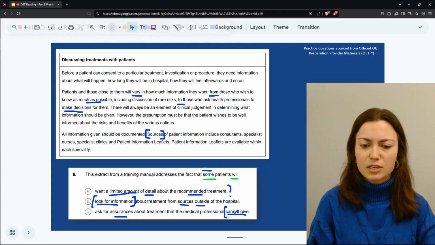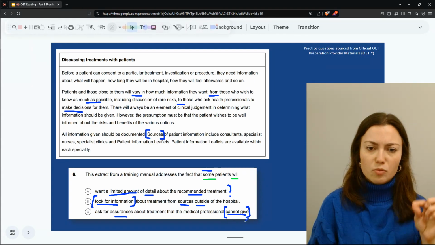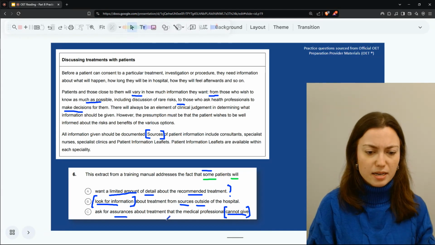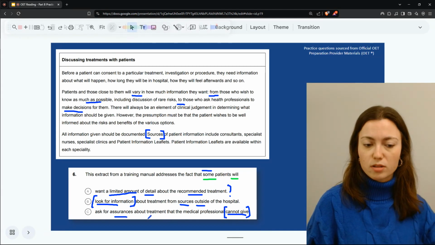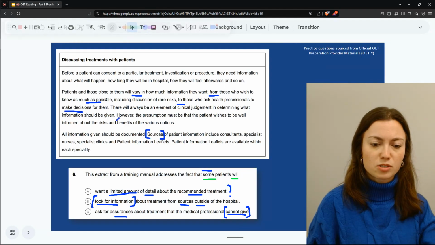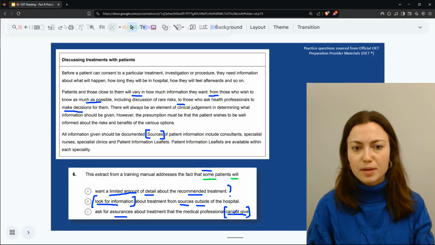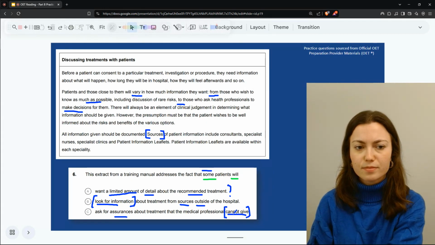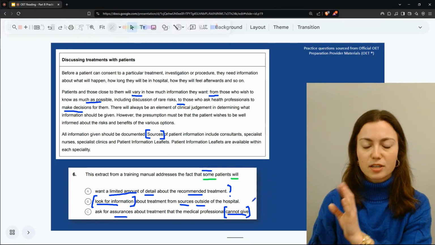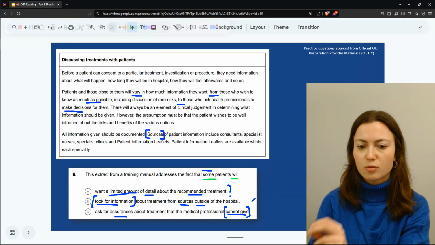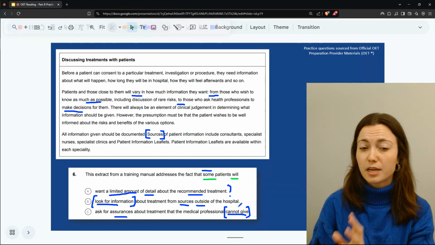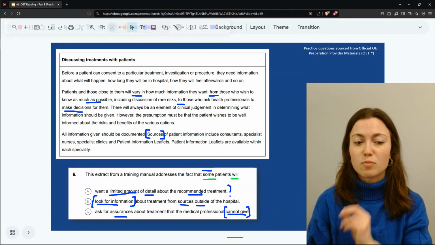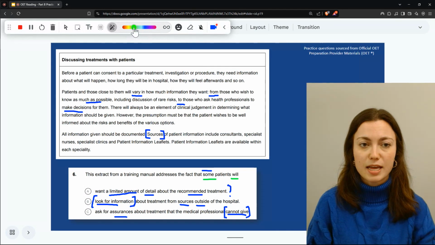And this criteria, cannot give, when we look at our text, that's not what is being said. Sure, some patients will want a lot of information, as it says in the first part, but be careful, is it information that actually the healthcare professional cannot give to them? So that's where process of elimination with those criteria and the options can really be complicated, but also help us to be more confident that our answer here is A.